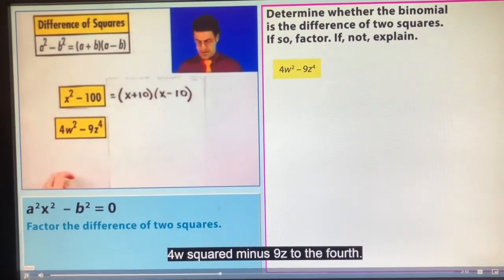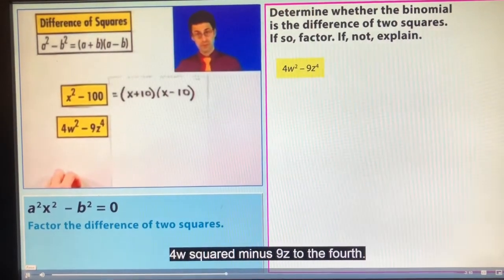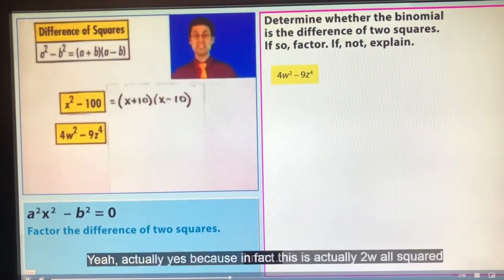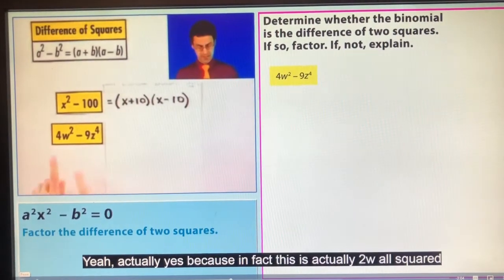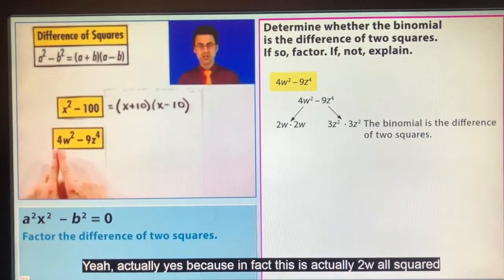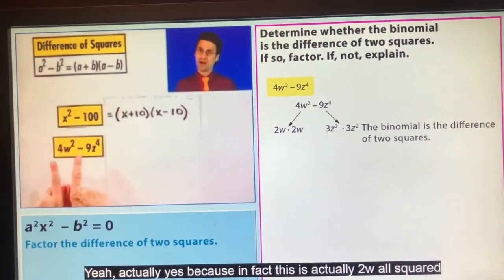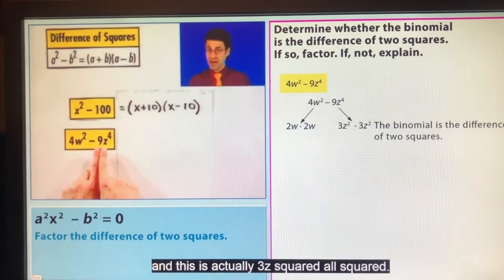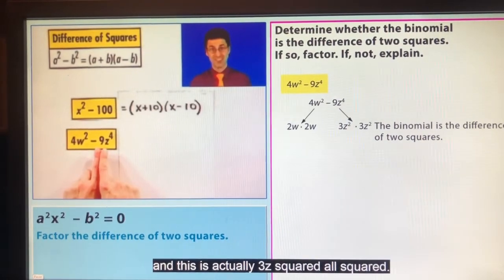4w squared minus 9z to the fourth. Difference of two perfect squares? Yes. Actually yes. Because in fact, this is actually 2w all squared, and this is actually 3z squared all squared. You see?